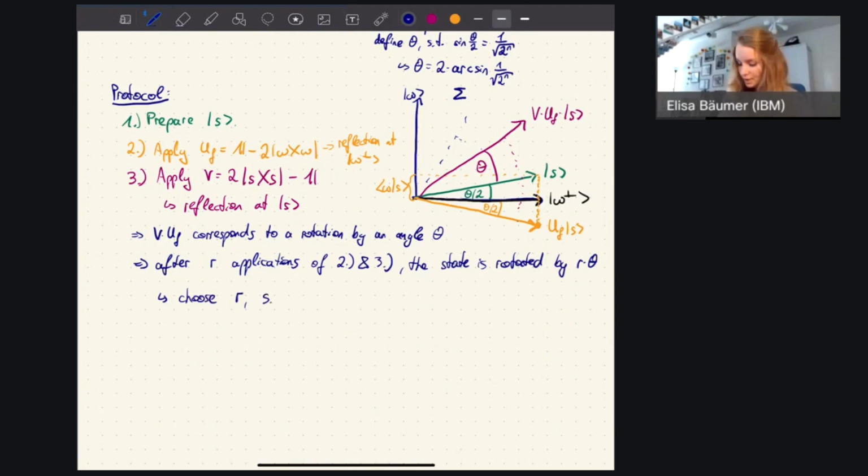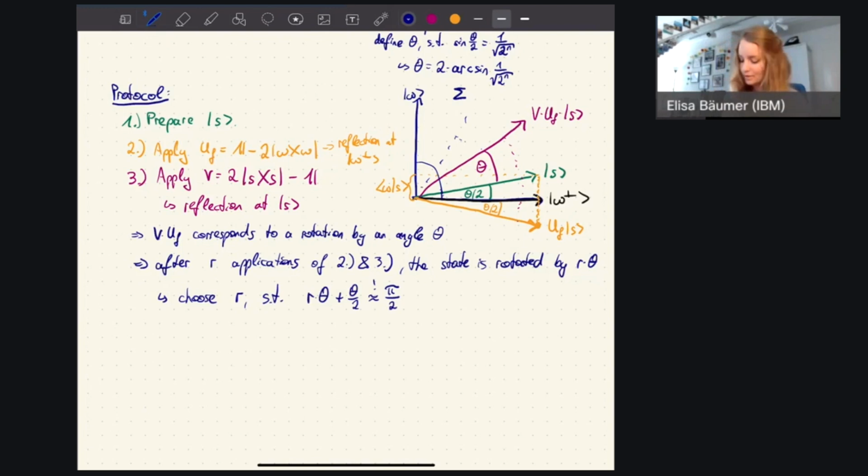But so we choose R such that ideally we want that R times theta, the angle that we moved on, plus theta over 2, because that's the angle that we start with when we prepare S, should ideally be pi over 2. Because you want this angle here to be pi over 2, right? It's a right angle.